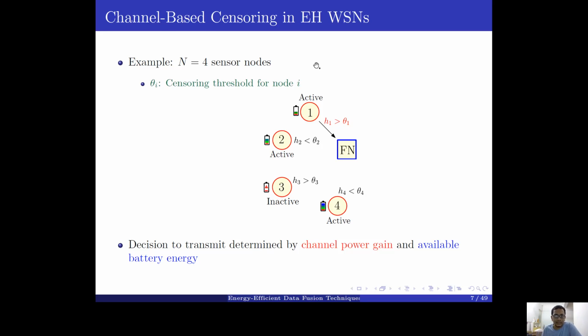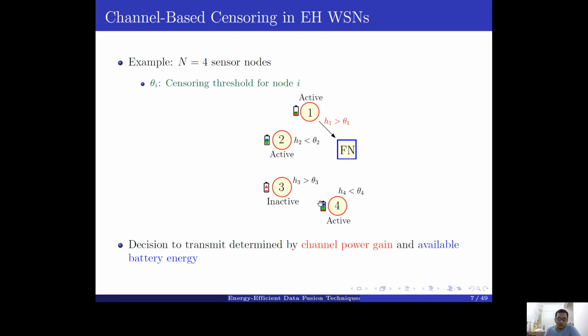We show it with an example where there are 4 sensor nodes and theta i is the censoring threshold for node i. We define a node to be active if it has enough energy to transmit its measurement to the fusion node. So you can see in this figure, node 3 does not have enough energy to transmit its measurement to the fusion node.